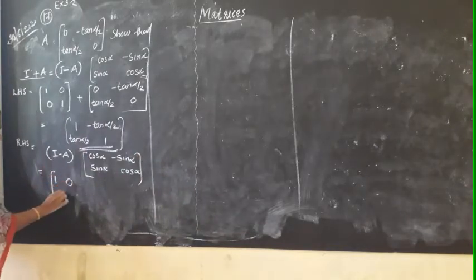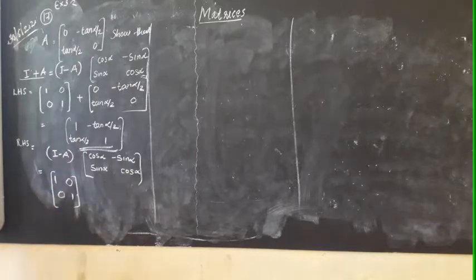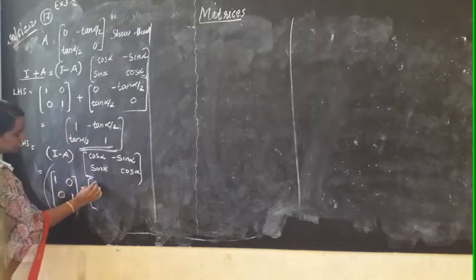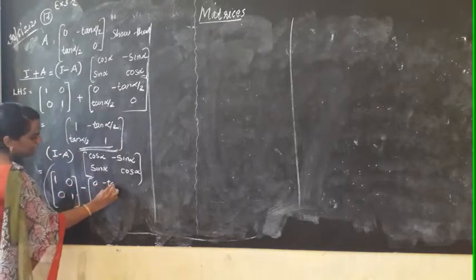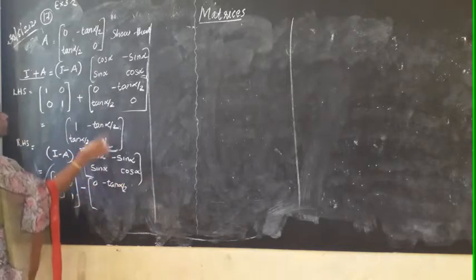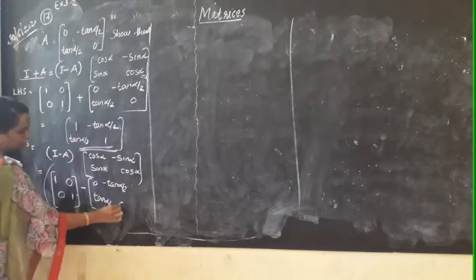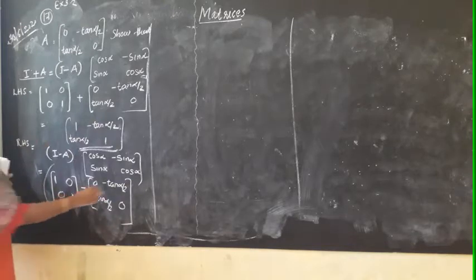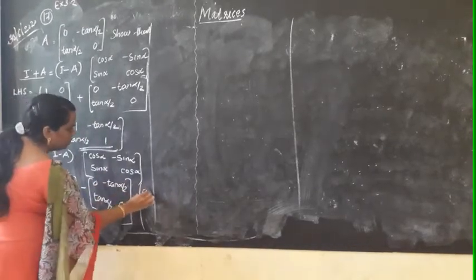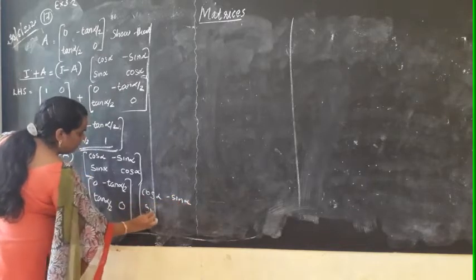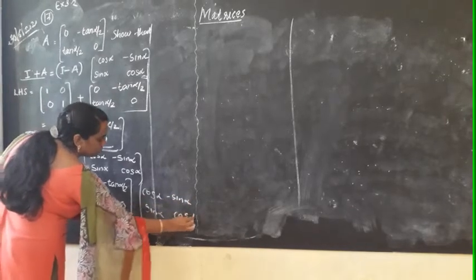1 0 0 1, identity matrix of order 2, minus A. A is 0, minus tan alpha by 2, then tan alpha by 2, 0, into that is this matrix cos alpha, minus sin alpha, sin alpha, cos alpha.